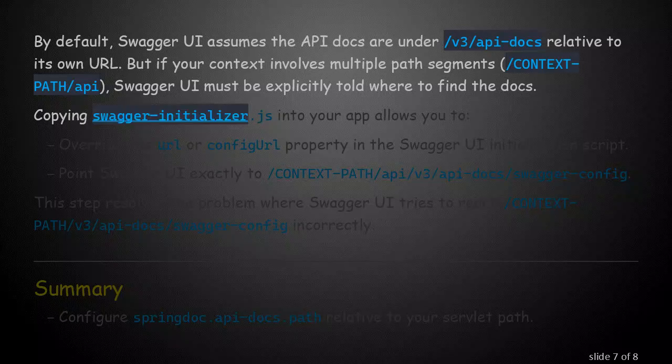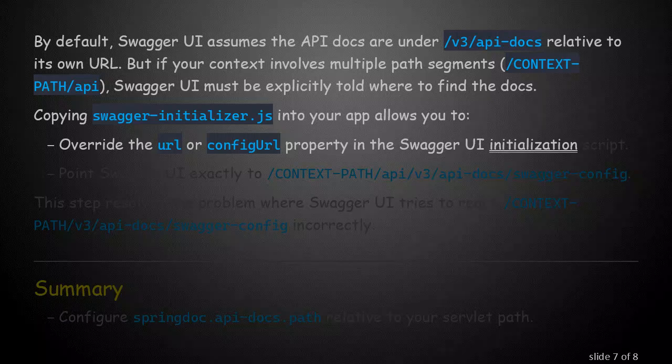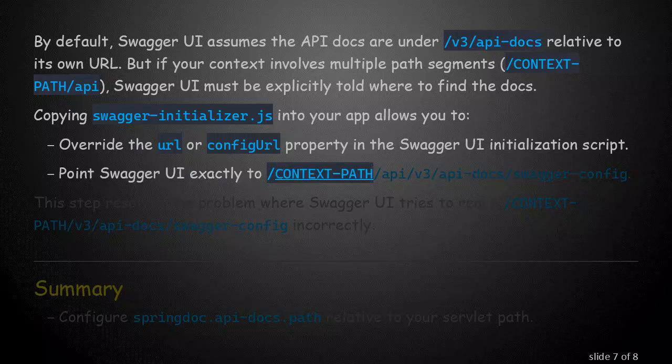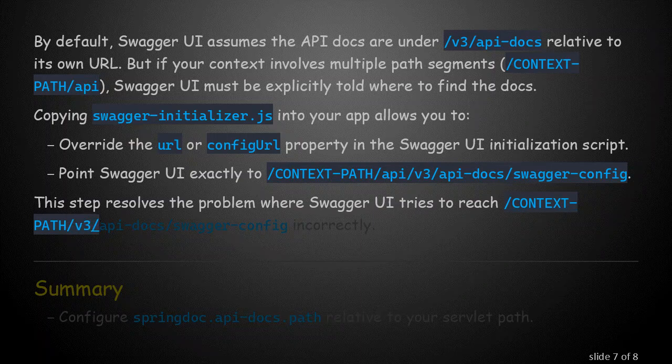Copying swagger-initializer.js into your app allows you to override the url or configUrl property in the Swagger-UI initialization script. Point Swagger-UI exactly to /context-path/api/v3/api-docs/swagger-config. This step resolves the problem where Swagger-UI tries to reach /context-path/v3/api-docs/swagger-config incorrectly.